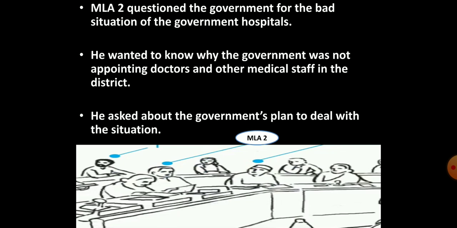The second MLA raised the question of the poor condition of the government hospitals and asked the reasons for not appointing doctors and other medical staff in the district. The MLA also asked the government about its planning to deal with the situation present at that time.